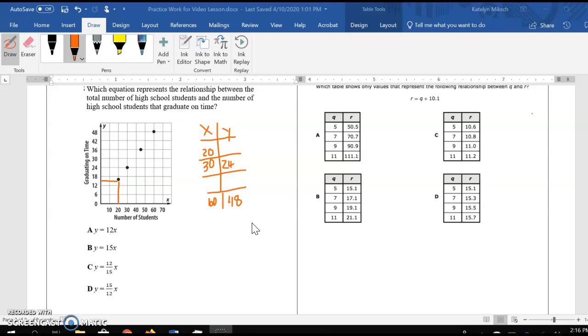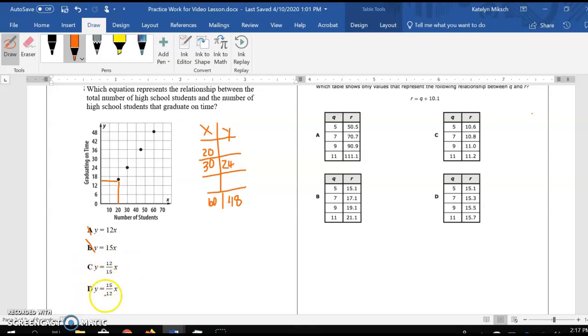Well, I know if I multiply 30 times 12, it is not going to give me 24. 3 times 12 is 36, so 30 times 12 would be 360. Same thing with 15. If I take my input and multiply it by a whole number, I am not going to get a smaller number as my answer. So I can rule out my first 2 answer choices. They're not going to work with what we're seeing here. So we know it's either going to be C or D.